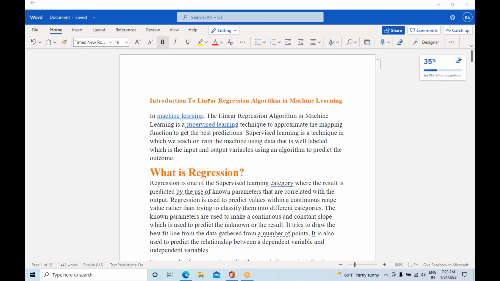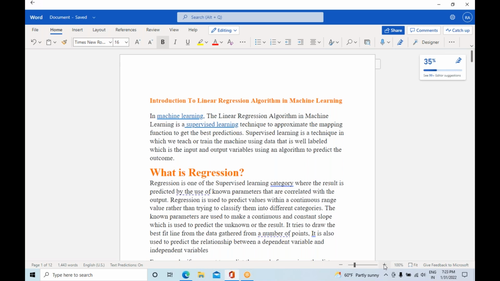What type of machine learning algorithms do we have, like supervised and unsupervised, right? And from supervised, you may have classification and regression, right? So today, as part of regression, we are going to discuss simple linear regression.